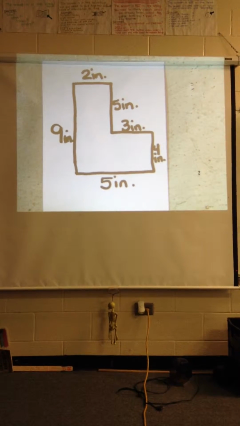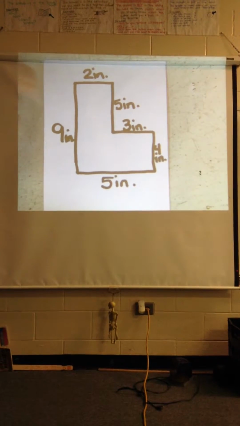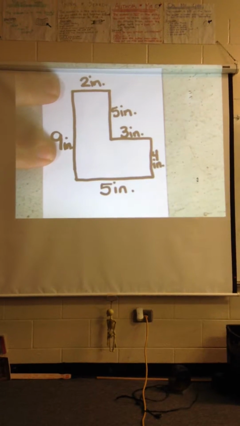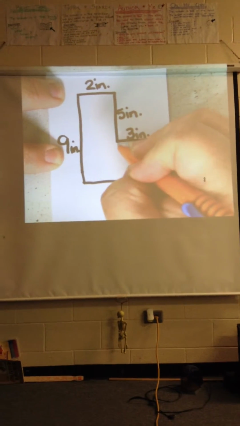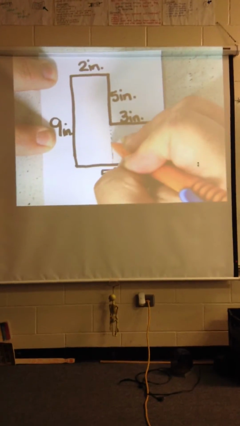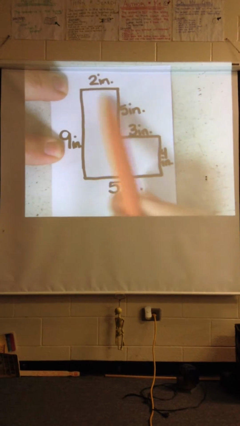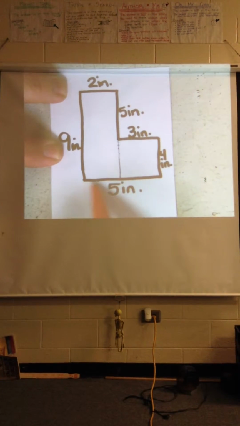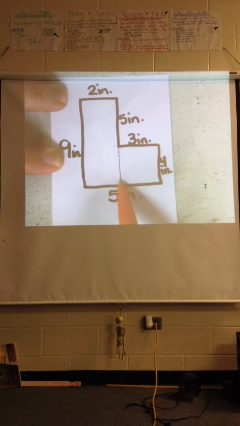What can we do that will make this easier to find the area? So we can take it and say, well, I can just make my own little rectangles. And I can draw a line right there. Here is one rectangle. And here is another rectangle.